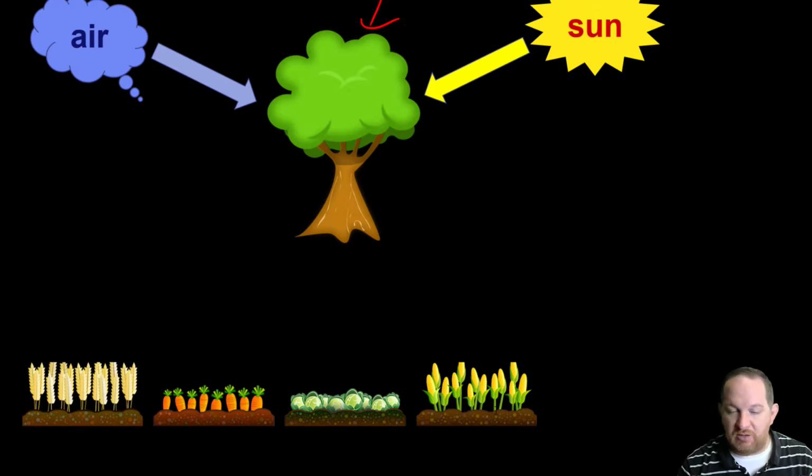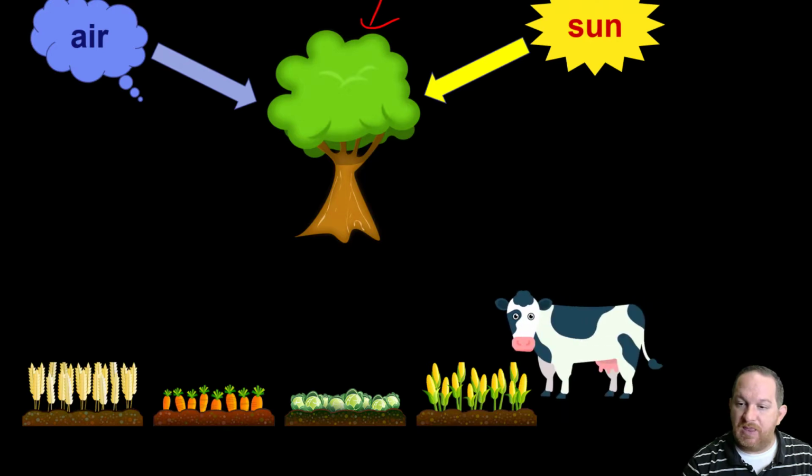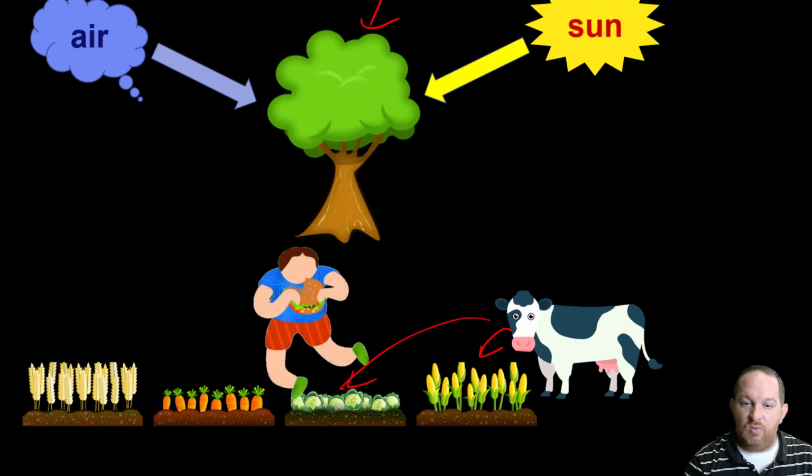Then if plants are just a rearrangement of air, and we eat those plants, or cows eat those plants, and then we as humans either eat the plants or eat the cow, you can see here with the burger.